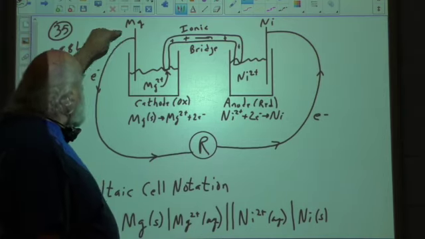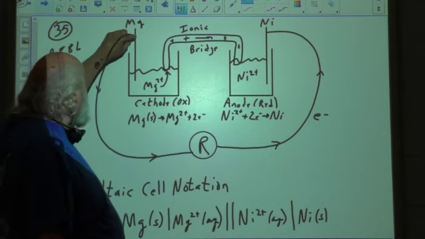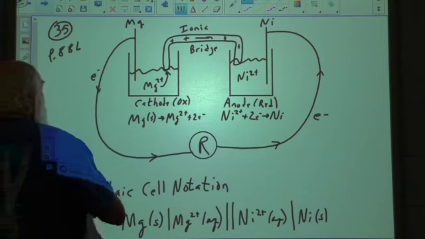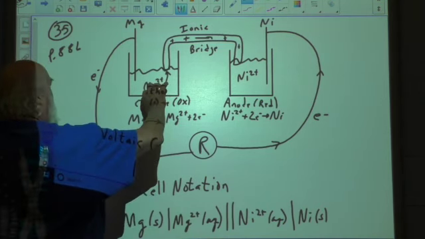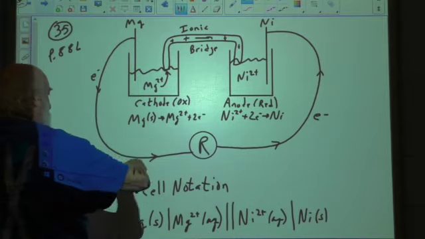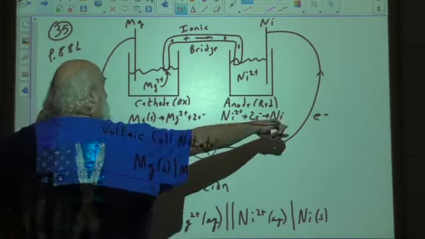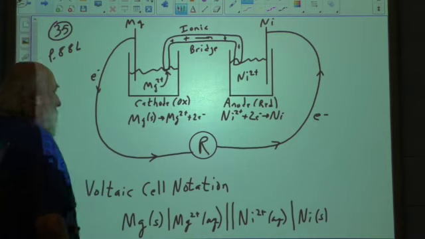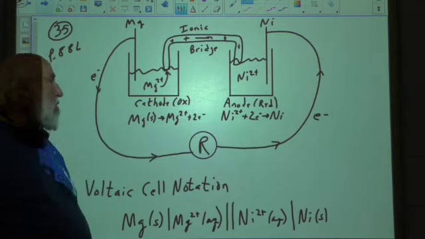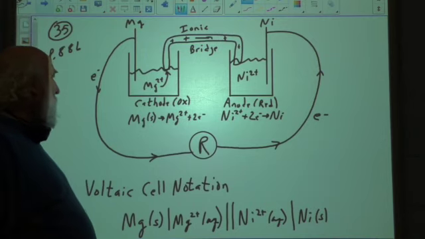So the magnesium metal, the wires attached to that, and as the electrons are being peeled off of this to get the magnesium, the electrons are sent in this direction towards the other side, which we call the anode, and that's the reduction reaction, which is Ni2 positive plus 2 electrons yields nickel.